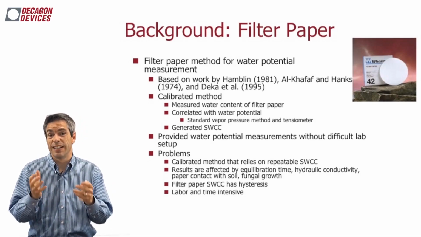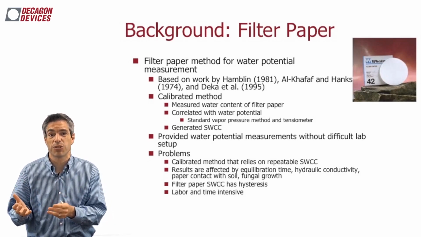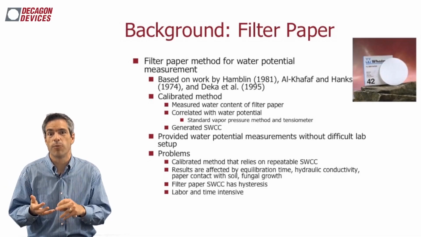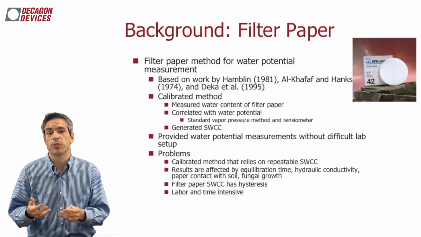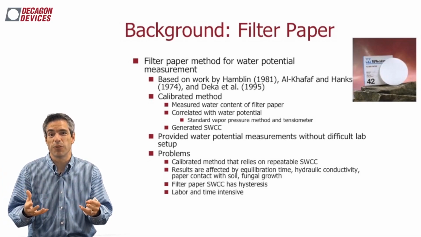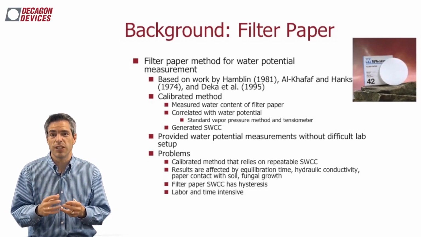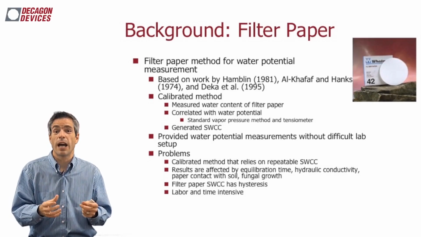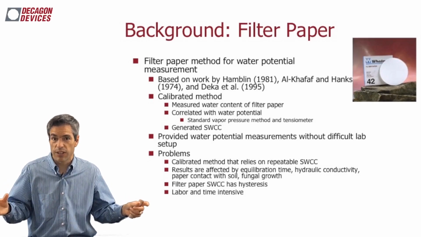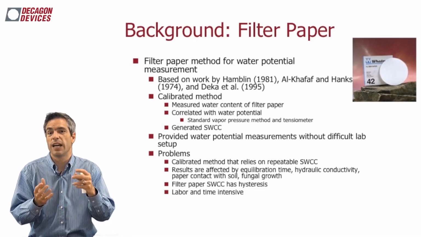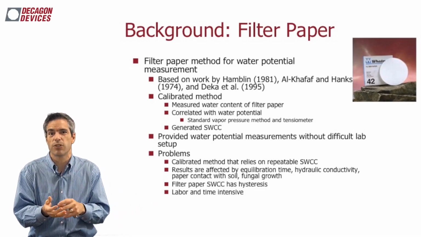This was an idea. They calibrated using some of these original techniques that I talked about, the pressure plate, which we'll get to in a moment, and the thermocouple psychrometer, and got this information to give them the SWCC. This is great. Then the labs can grab hundreds of soil samples, put filter paper in many of them, and they had to define many things about this filter paper.